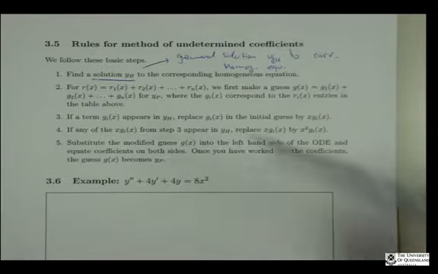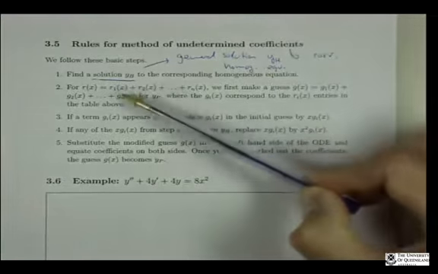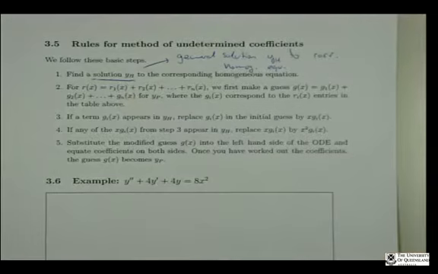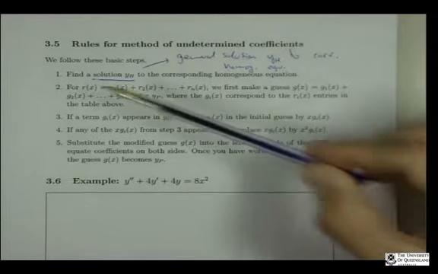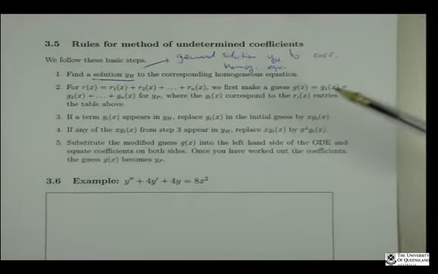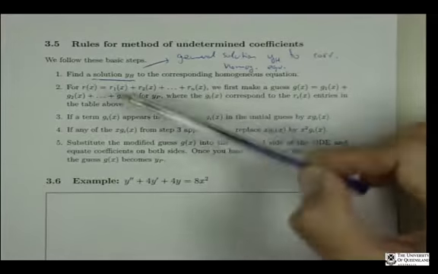The second thing we do is have a look at the function on the right-hand side. Generally, it could be a sum of terms. Here I've written R1, R2 up to Rn, for example. And we can make a guess, based on the discussion we've just had and the result summarised in this table on the previous page. We can make a guess for the particular solution, or at least for terms in the particular solution that correspond to each of these terms on the right-hand side.